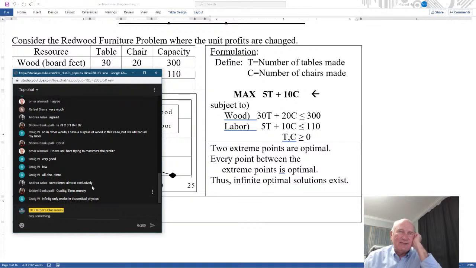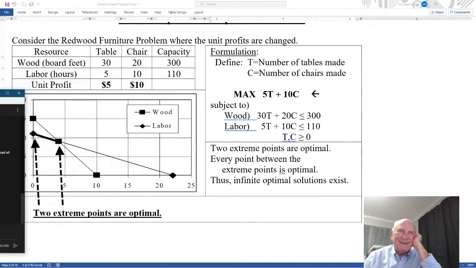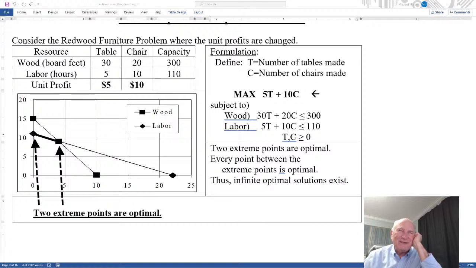Infinity only works in theoretical physics. One of these days we can talk about theory, about infinity. Infinity is very interesting because in theoretical mathematics, I have a degree in theoretical mathematics, you can have infinite series, and you can make anything equal to anything, pretty much.